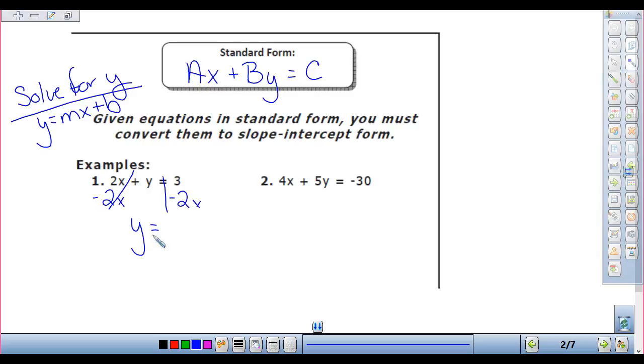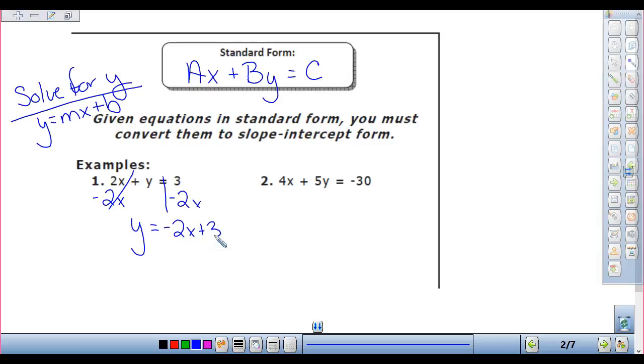But we need it in the mx plus b form, so we need the x part to come first. So it's going to be negative 2x plus 3. So what's my slope? Negative 2. What's my y-intercept? 3. Yep.